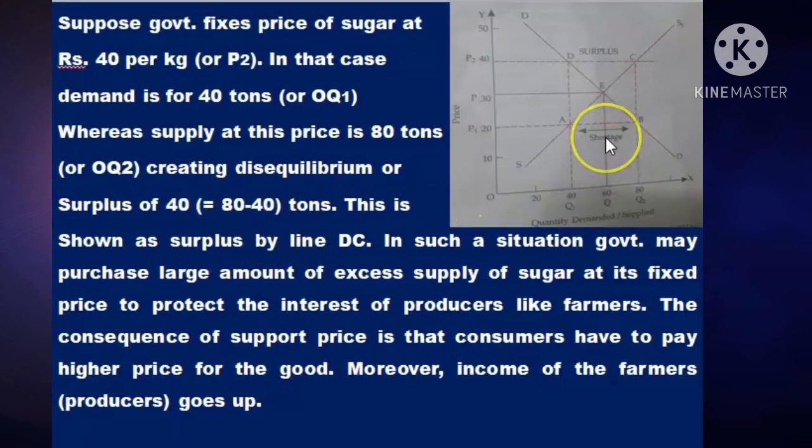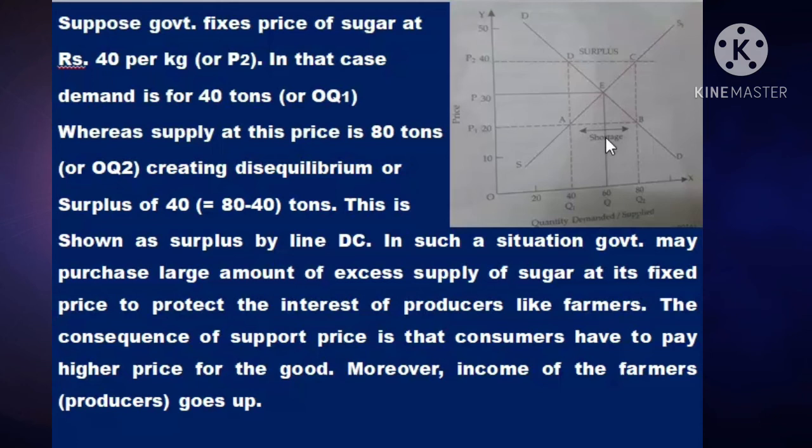An additional 40 tons is extra supply in the market. Previously we had studied the consumer side, where the consumer is willing to buy more but the producer is not willing to sell at a lesser rate. Here, on the producer side, the government fixes the rate at 40 rupees, which is higher than the equilibrium point.